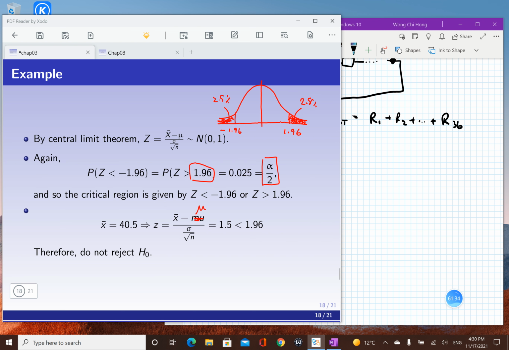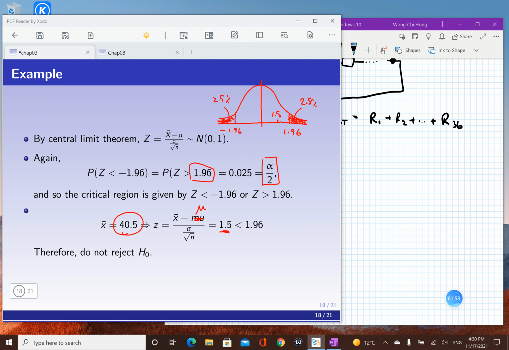And I just need to see if my sample mean value would give me a z value large enough. In this case, just work out 1.5. 1.5 is here, not so large that it belongs to the critical region. Therefore, we cannot reject our null hypothesis.